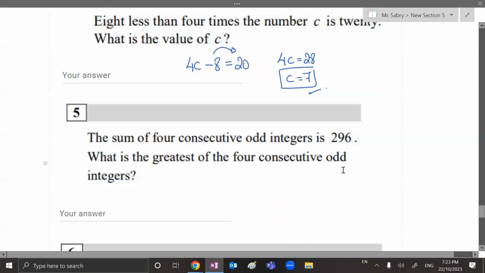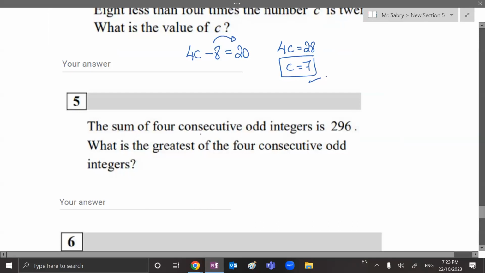Here's when things start to get a bit harder. The word consecutive is a very important word. Consecutive means after each other. When I say consecutive, it means, for example, 5, 6, 7, 8, or 103, 104, 105, one after another.